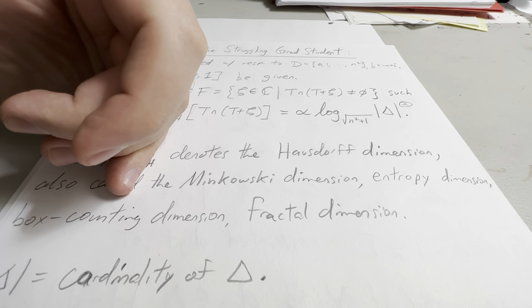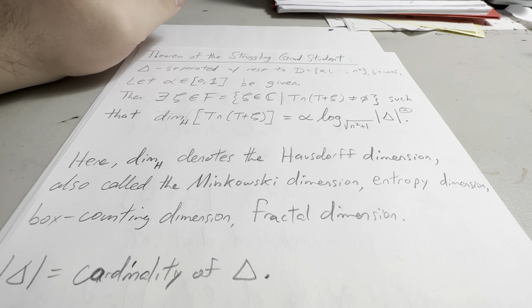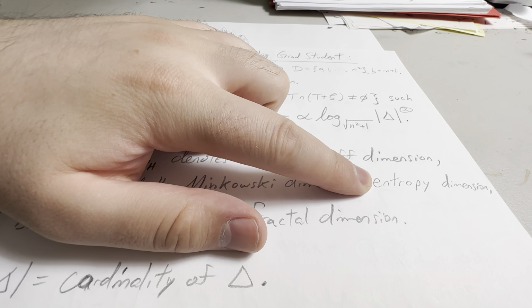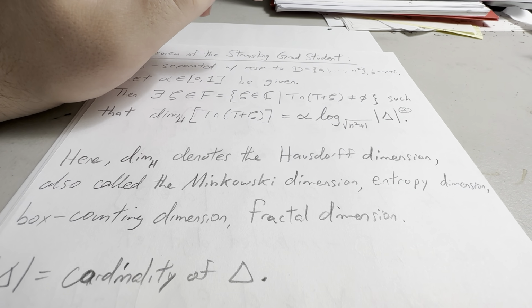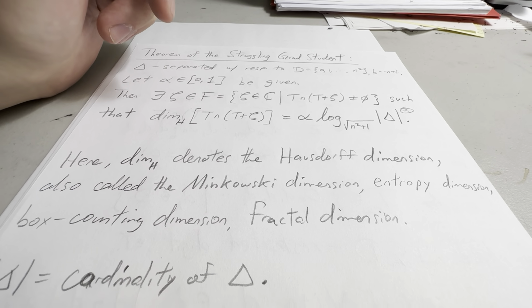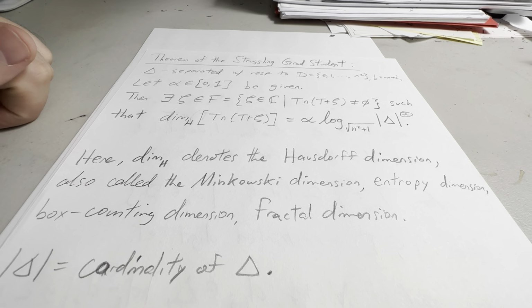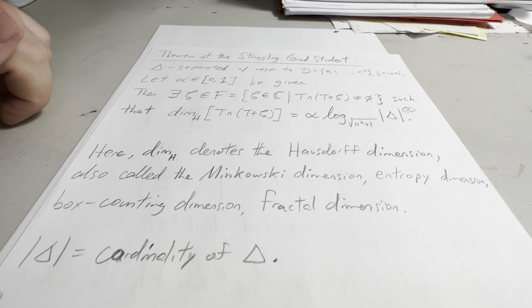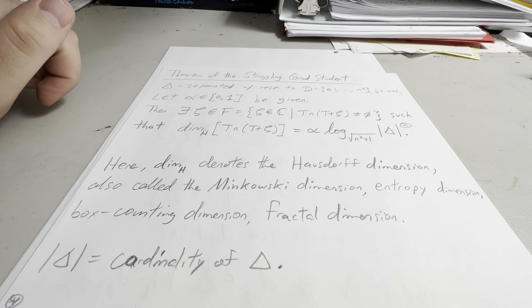Then you also have the box counting dimension and the fractal dimension, which are kind of layman's terms. In fact, in the actual paper, I used entropy dimension because I thought it sounded cool. That's the only reason. I think my thesis advisor would have probably preferred Minkowski dimension or Hausdorff dimension, but because it was my thesis, he said, yeah, you can call it entropy dimension if you want. Anyway, that's my thesis without proof.